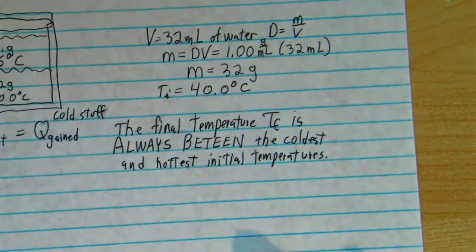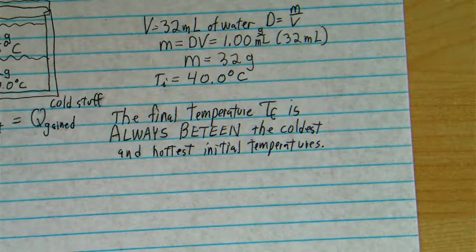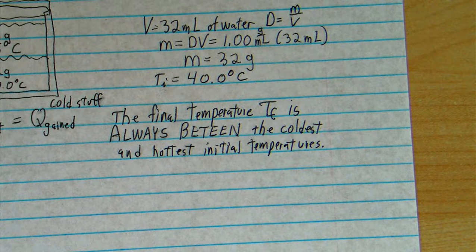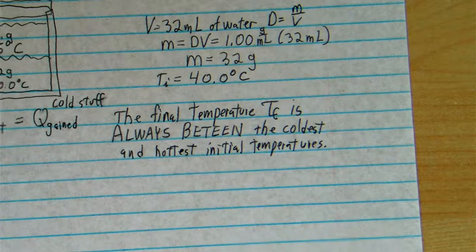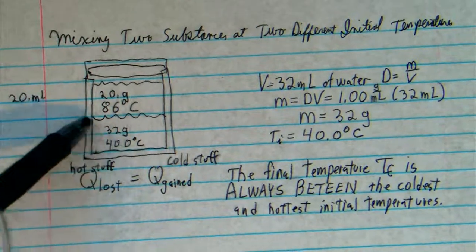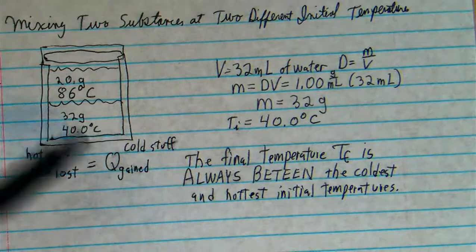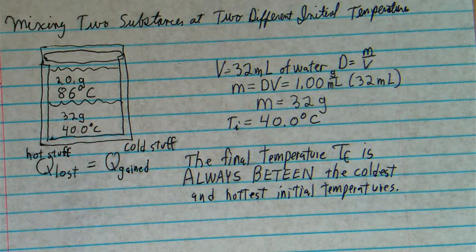This should be common sense, but it can serve as a check on your calculator result. If we start off with the coldest temperature at 40 degrees Celsius and the hottest temperature at 86 degrees Celsius, then after we mix them together, our final temperature should not be any colder than 40 degrees and should not be any hotter than 86 degrees.